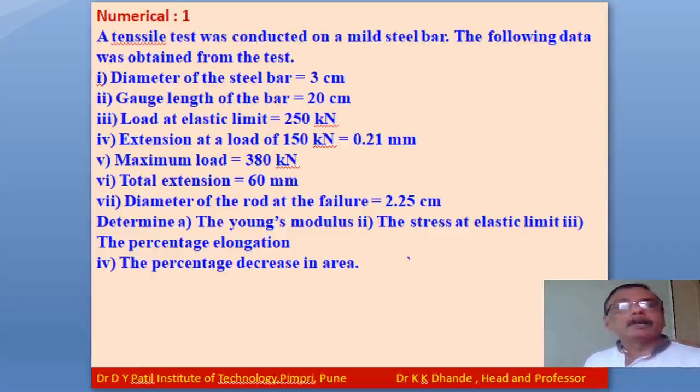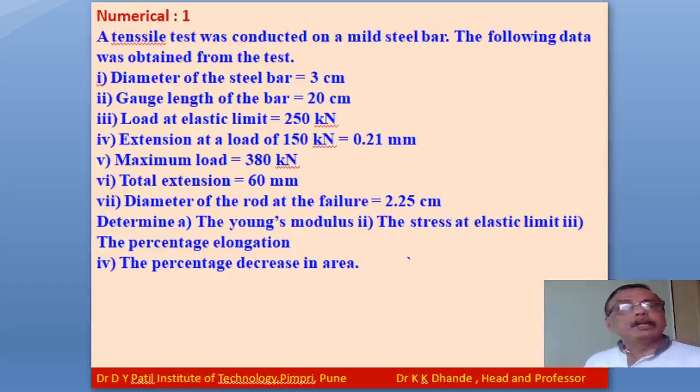Diameter of the steel bar 3 cm, gauge length of the bar 20 cm, load at elastic limit 250 kN, extension at a load of 150 kN is 0.21 mm. Extension is nothing but the deformation of the bar, or you may say change in length of the bar.